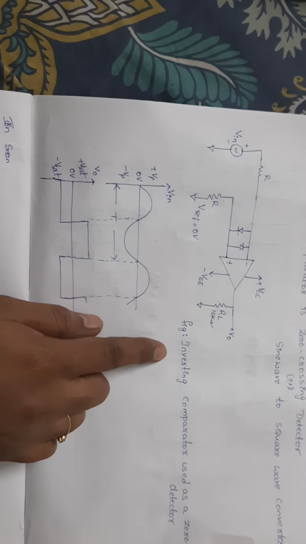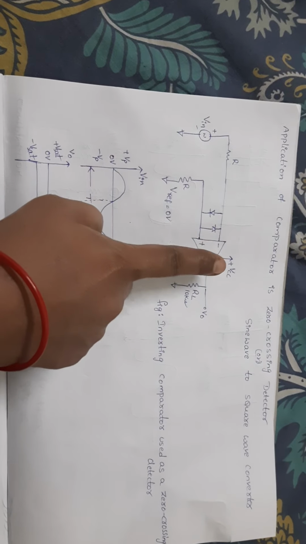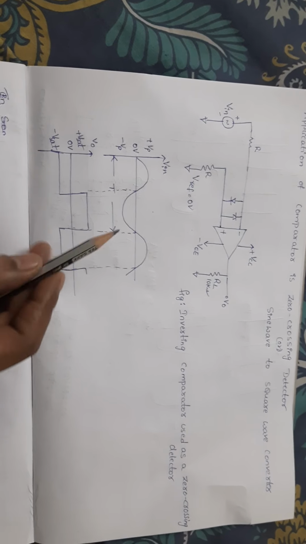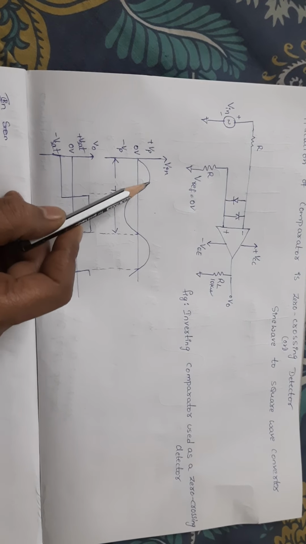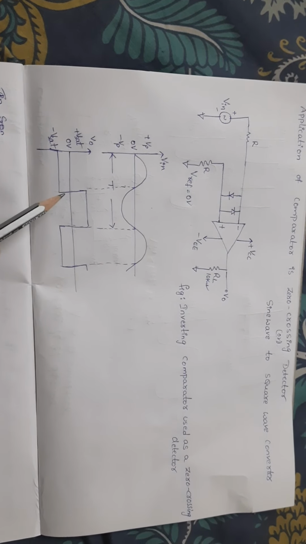For the zero crossing detector, I am taking the inverting comparator, meaning input Vin is given to the negative terminal. Here see the waveforms, we are giving a sinusoidal waveform and we are getting a square wave.